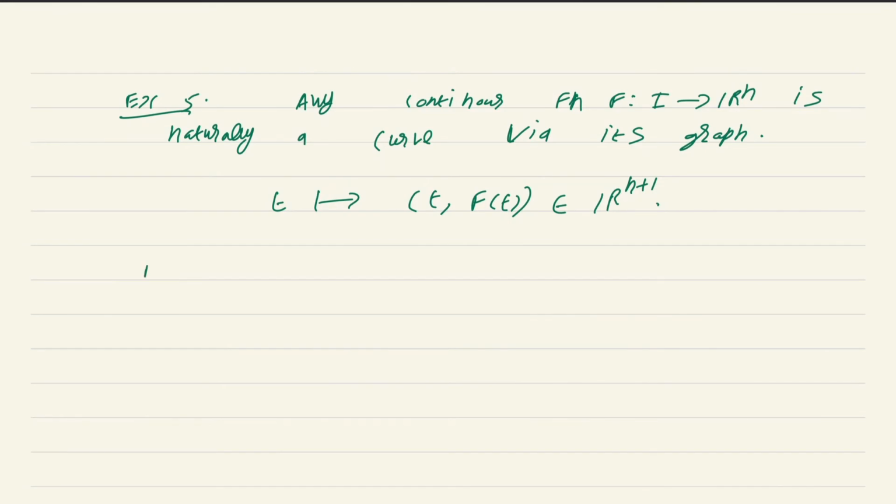Another example, a very famous curve called the twisted cubic. I recommend you use some program like Wolfram Alpha to draw this and see how it looks. This is the curve t going to (t, t squared, t cubed). There are many examples of curves which have been studied for over 2000 years.